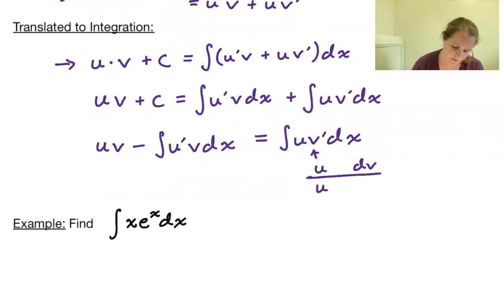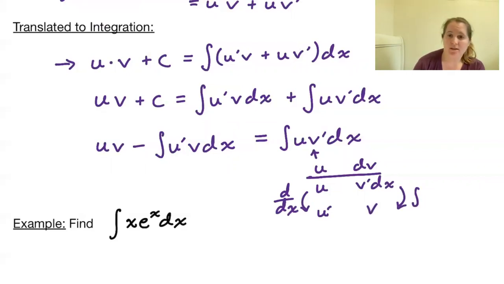So here's u and v prime times dx. And then if we take the derivative of this, we get our u prime. And if we take the integral here, we get v. And then the formula is just that we multiply these and then we subtract this integral.